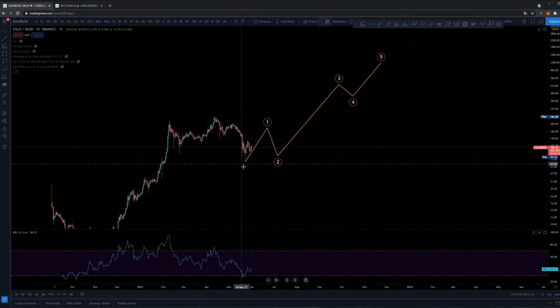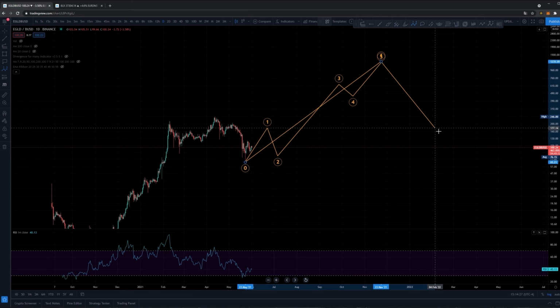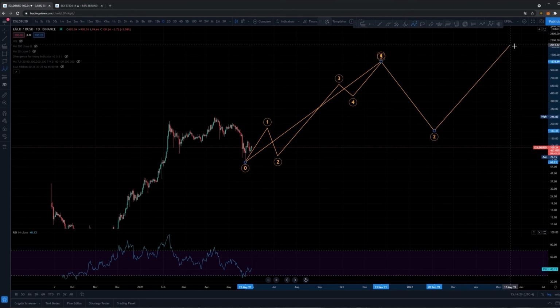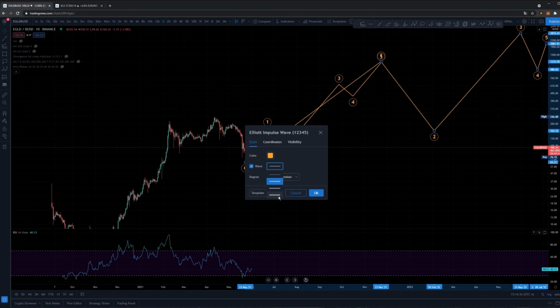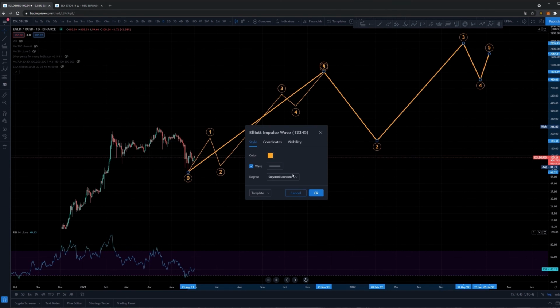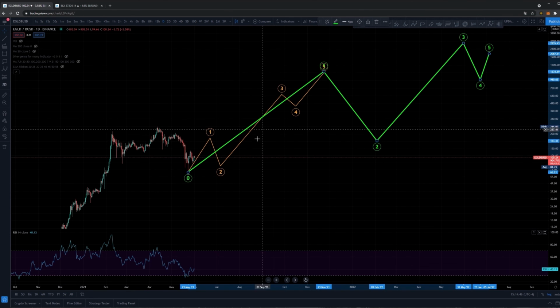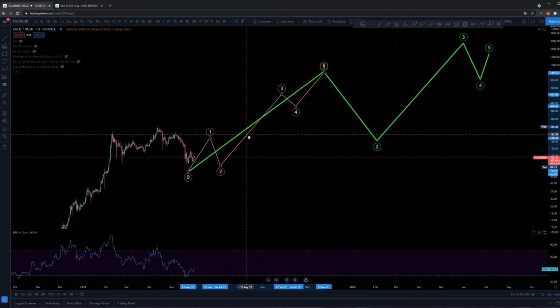This will create a new wave 1, like this, 163, and we're gonna continue. Okay, I think you are following me. This would be the first super cycle wave 2 retracement. But we still have 5 waves to make right now.